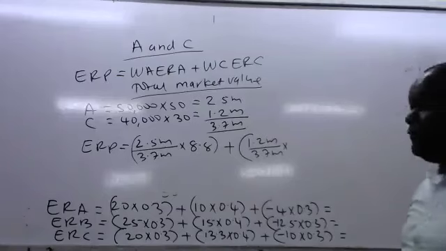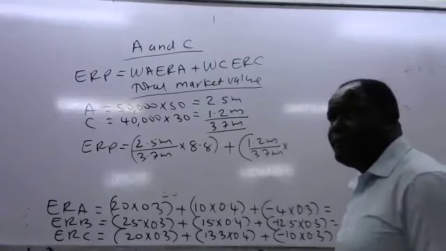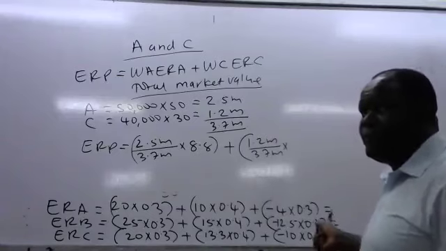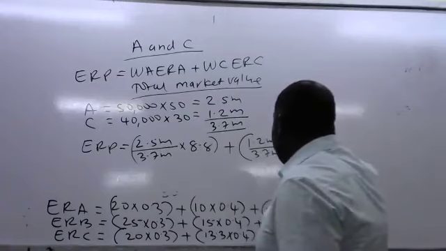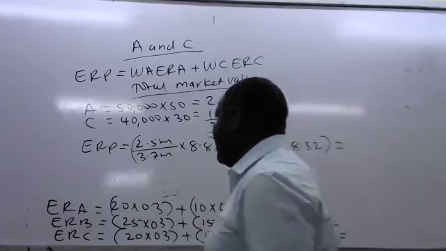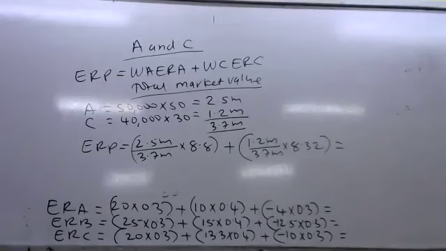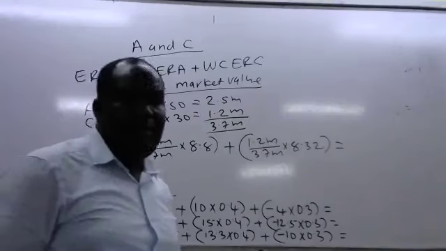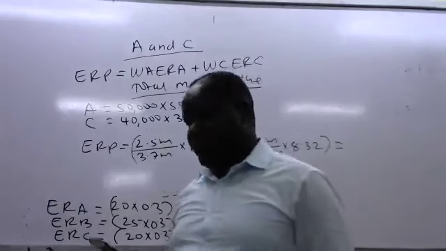You had calculated for C, you get the expected return on this figure. 8.32. Yeah, so that now will give you the expected return of that portfolio.